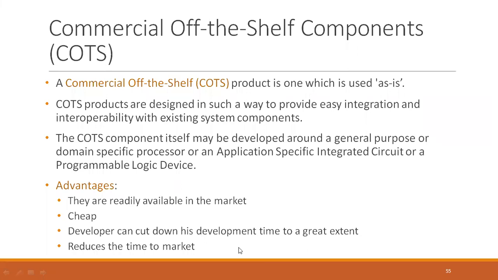What he is supposed to do is integrate those COTS products into his product, so he can concentrate on the major part of the product and reduce the time to market, right? So you are saving much of your time, because most of the products are available in the market. You just integrate them into your system, so you can save time as well. This is what the commercial off-the-shelf components will do.